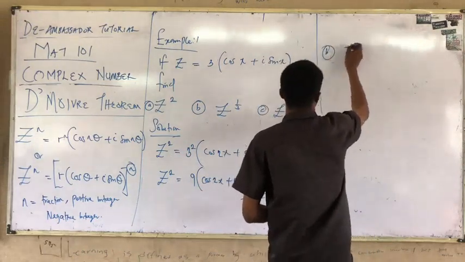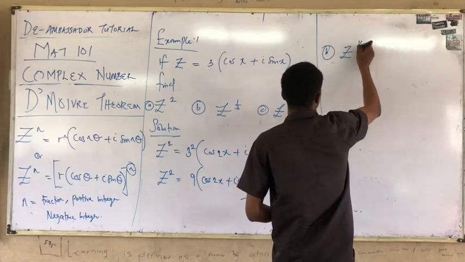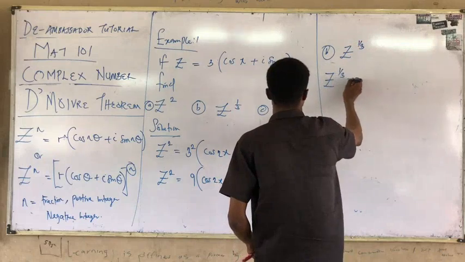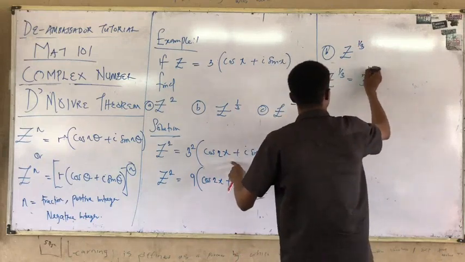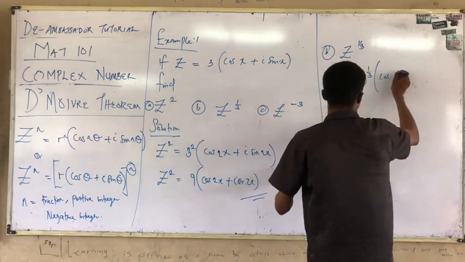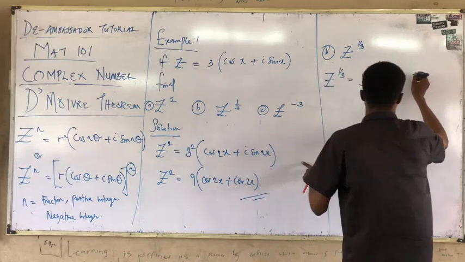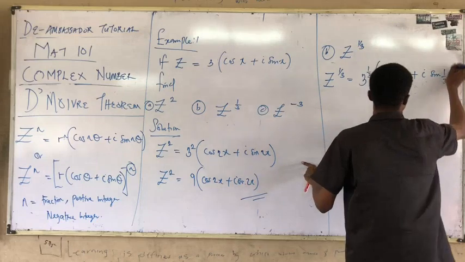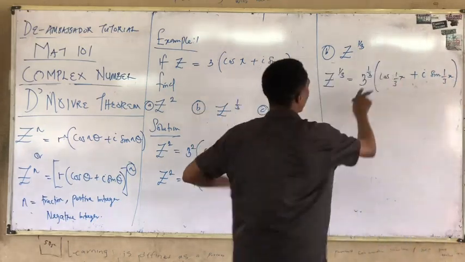So what do we have? Z in the power of 1 over 3. How will it be? It will be 3 in the power of 1 over 3, cos 1 over 3 x plus i sine 1 over 3 x. Is it clear? Simplify this.